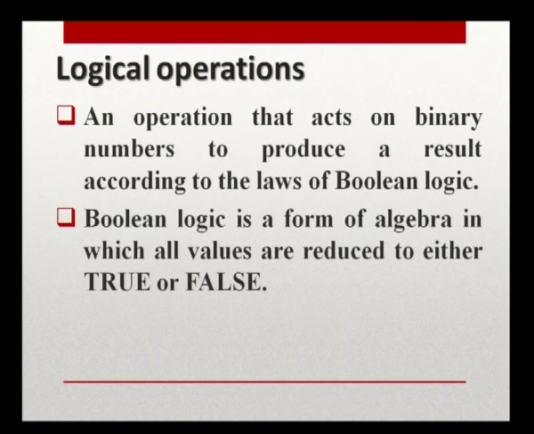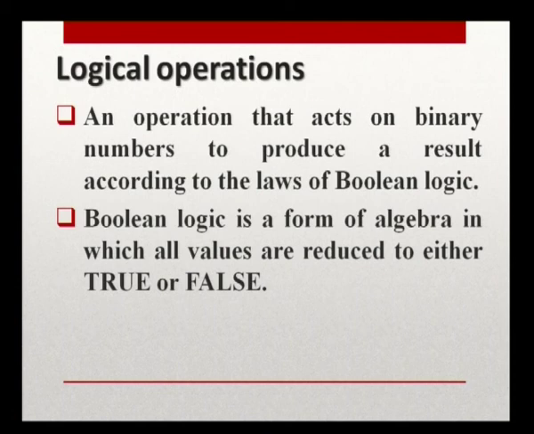So let us see what does that mean. Logical operation: an operation that acts on binary numbers to produce a result according to the laws of Boolean logic is called the logical operation. Boolean logic is a form of algebra in which all values are reduced to either true or false.